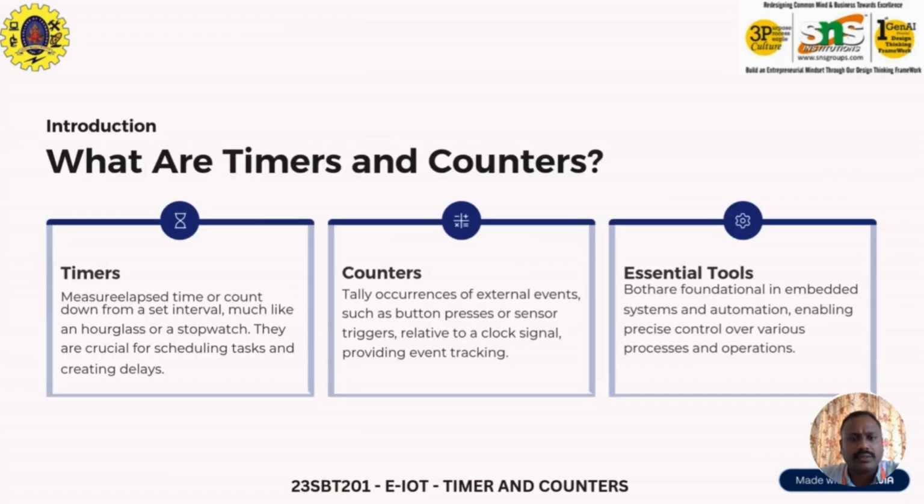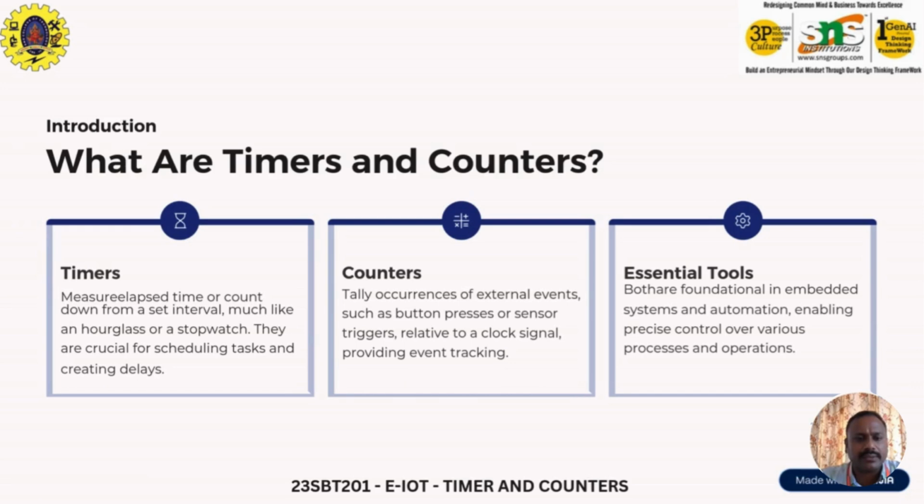So what are timers and counters? When we perform any operation, it depends upon the clock time. If the operation is successfully completed within the clock time period, it is called synchronous communication.